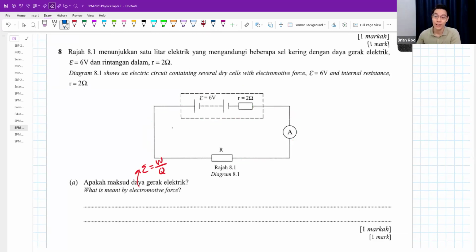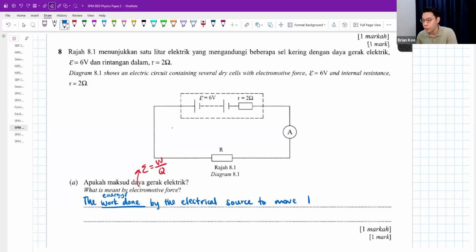Okay, quite long this one. The work done. You don't want work done, you can also say energy. Either one. By the dry cell, the electrical source, that means the battery, to move 1 coulomb of charge.